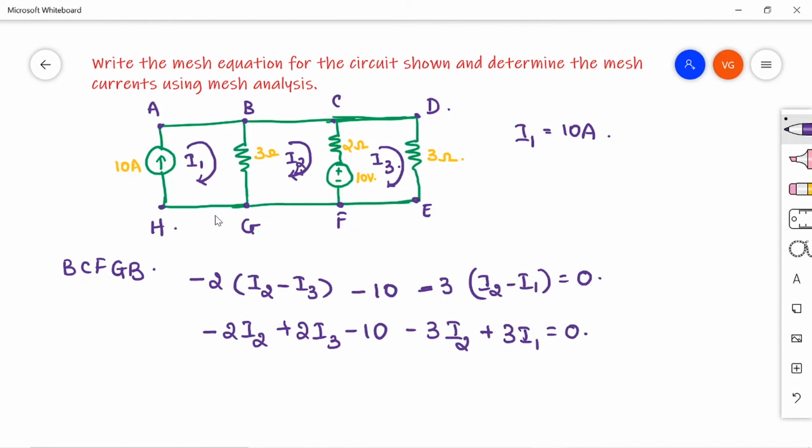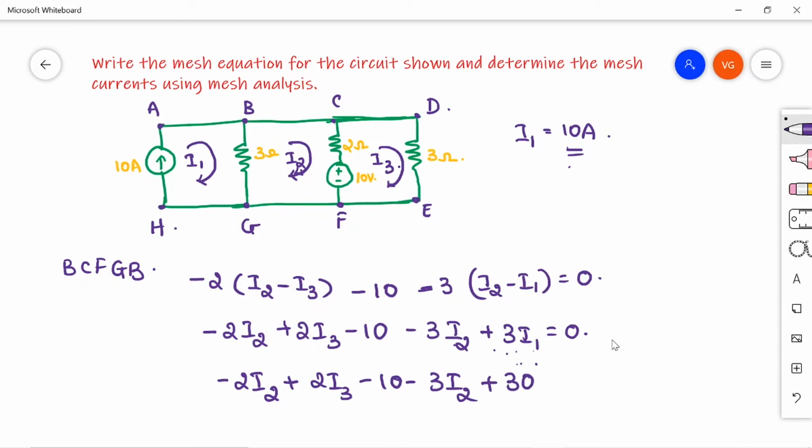So what I am getting here is 3I1. So I1 value you can put it here. I1 is equal to 10 amperes, that you can substitute here. Substituting the I1 value in this equation, what we are getting is minus 2I2 plus 2I3 minus 10 minus 3I2 plus 30.